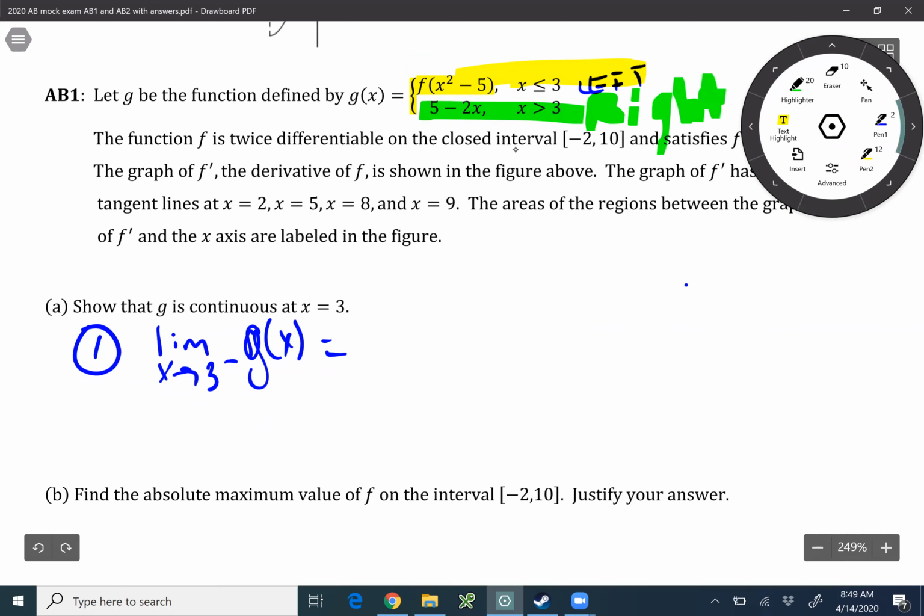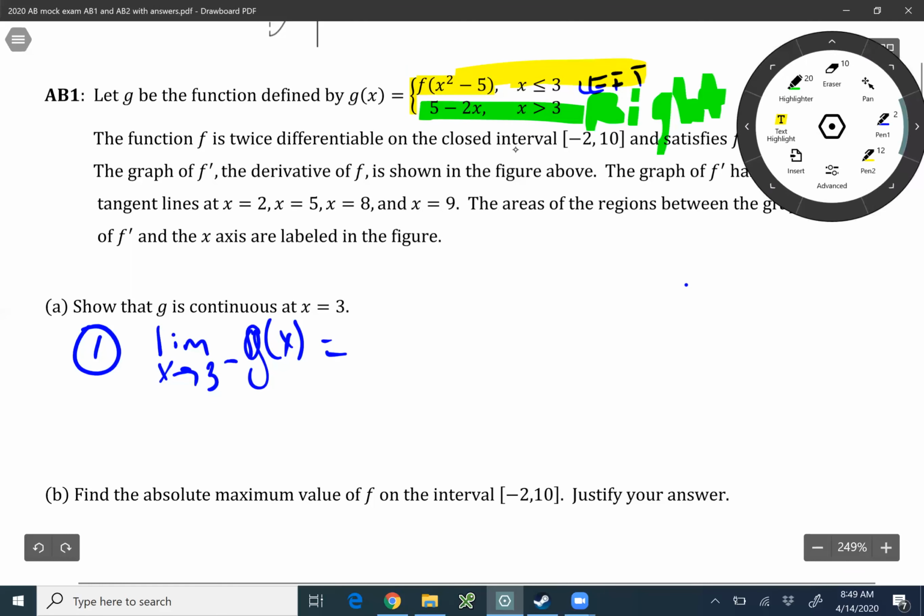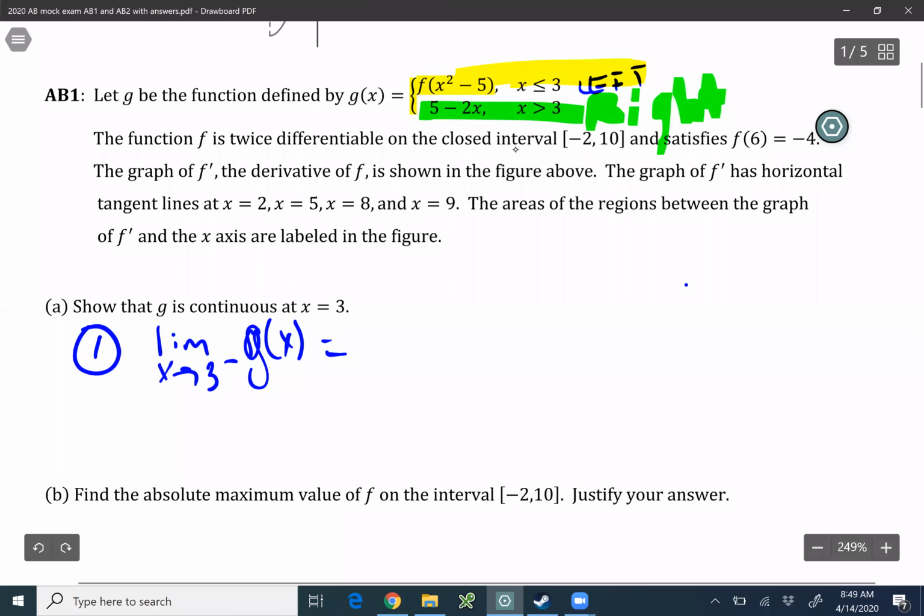Because we have less than, we're going to plug into the top. And where this gets a little bit tricky is that when we're plugging this into the top, it's f. So don't go too far beyond; you still just need to keep in mind PEMDAS.